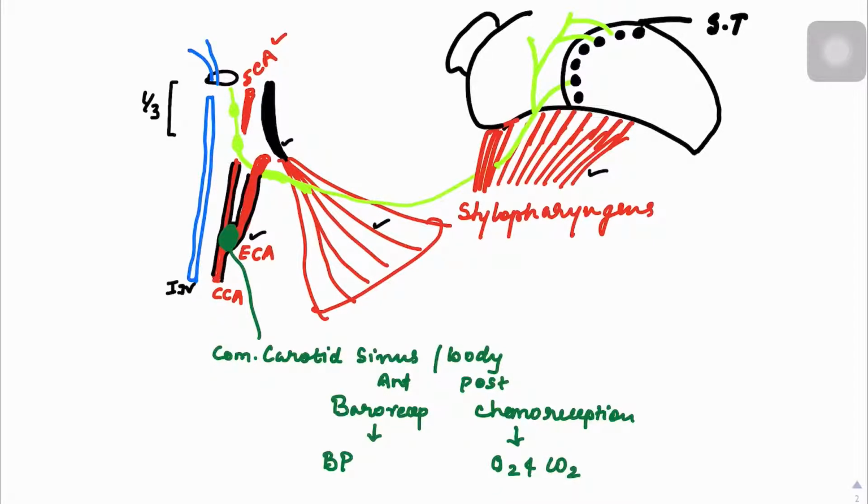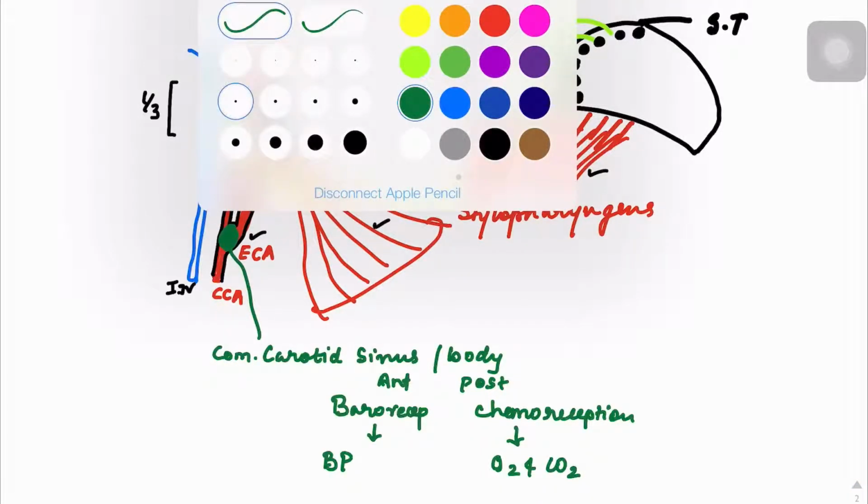More potent is CO2 changes. So this regulates the cardiovascular system and it is sensed by our glossopharyngeal nerve.